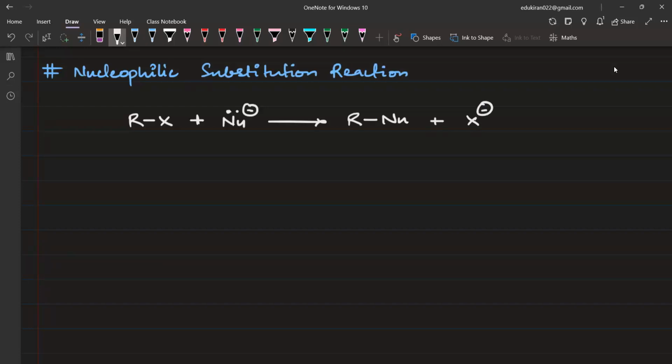This Nu is the nucleophile, and this R is the alkyl group, and this X negative is known as the leaving group.